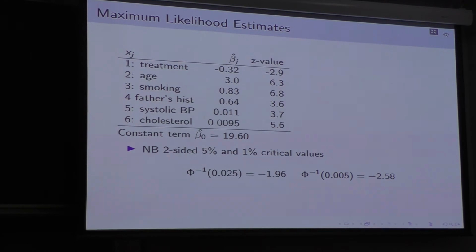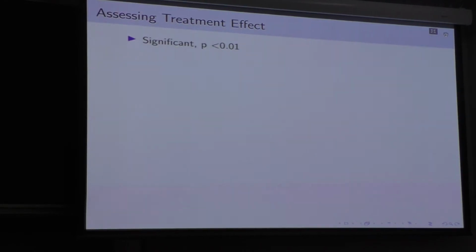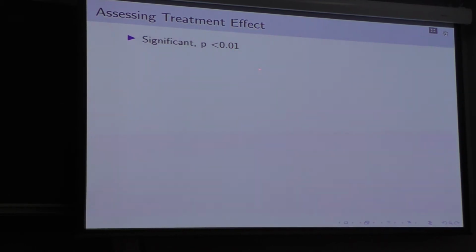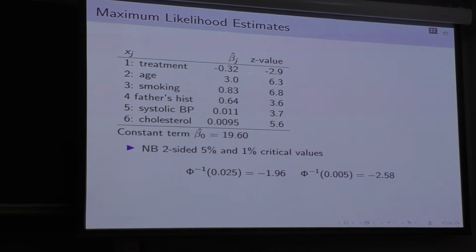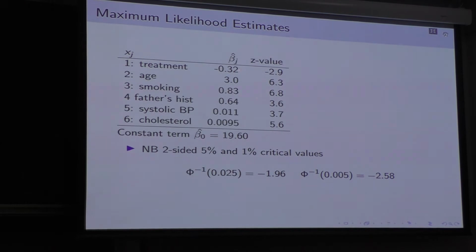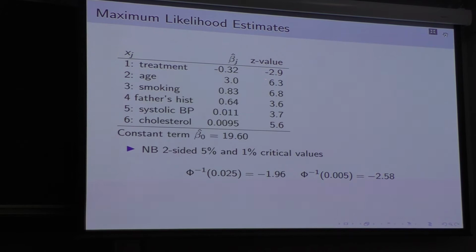And you interpret them the obvious way, focusing first on the treatment effect, because that's our main thing. It's significant, so this is the partial Z test. The p-value is less than 1% because our value of minus 0.32, with whatever standard error we've got, gives us a Z value of minus 2.9, so it's less than minus 2.58.